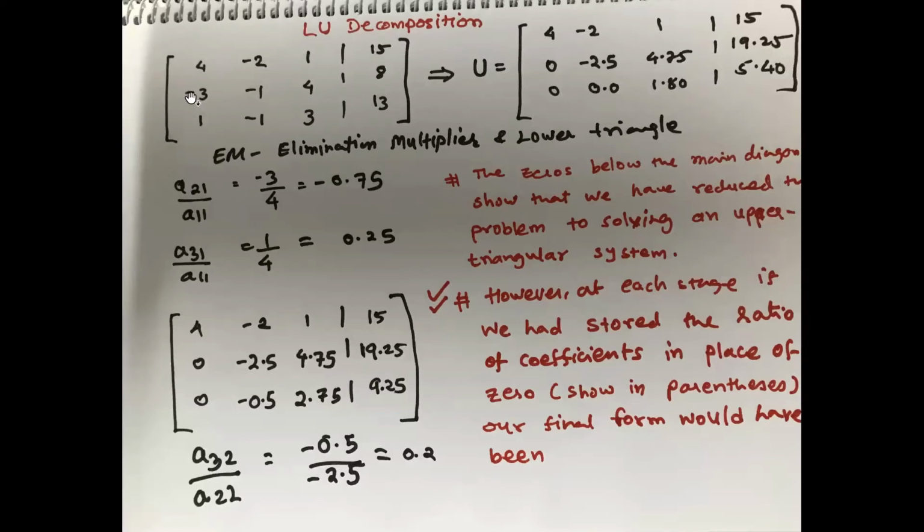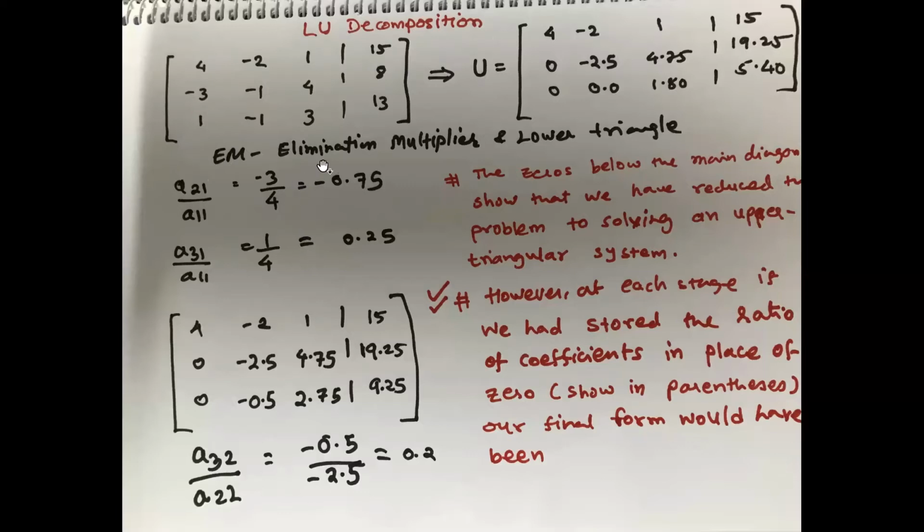I'm repeating this every time because this is our major diagonal, and we use this coefficient 4 in the denominator. You multiply the first row with this coefficient and deduct it from the second row to eliminate this member. Similarly, you multiply the coefficient with the first row and deduct it from the third row to eliminate this member, 1.